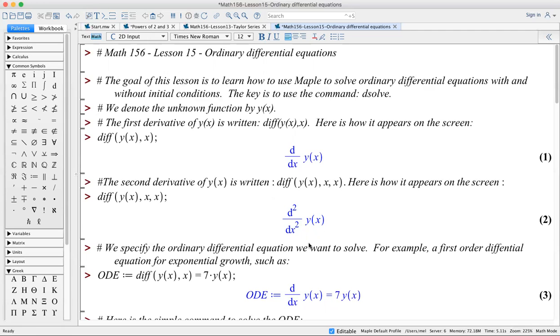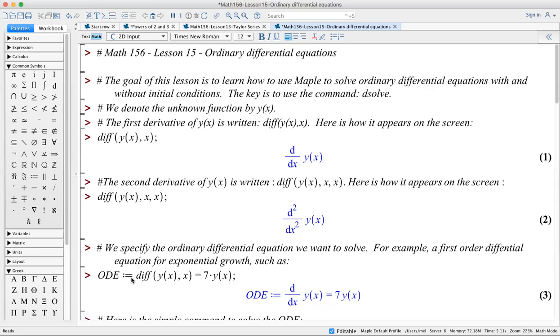So in order to use the Dsolve command, you need to write down in some fashion the ordinary differential equation you want to solve. So here's an example. I'm just going to use the notation ODE for the differential equation. You don't need to use that. It's convenient, but you can use any other letter or words or symbols you like.